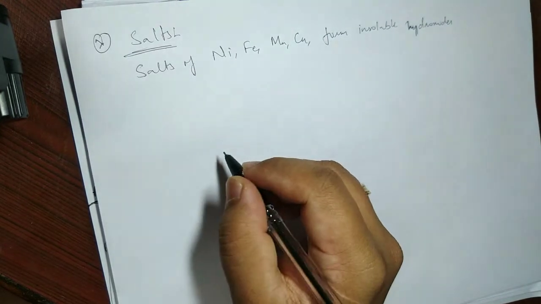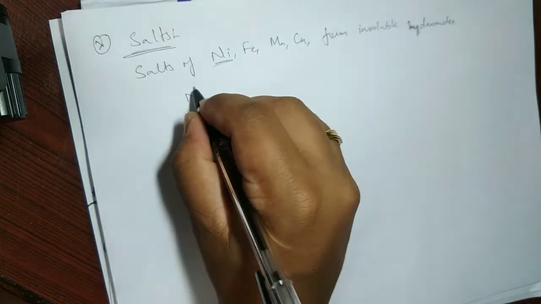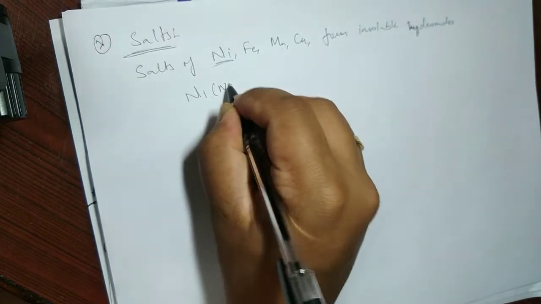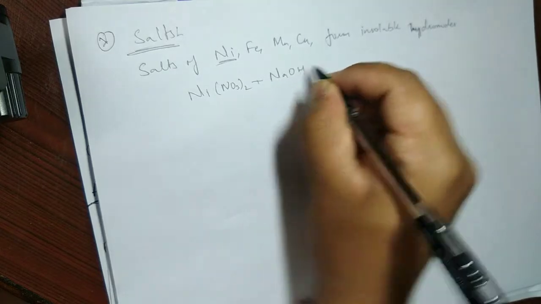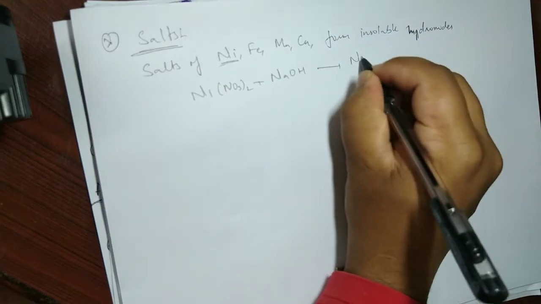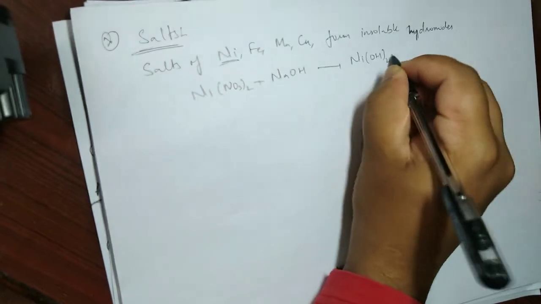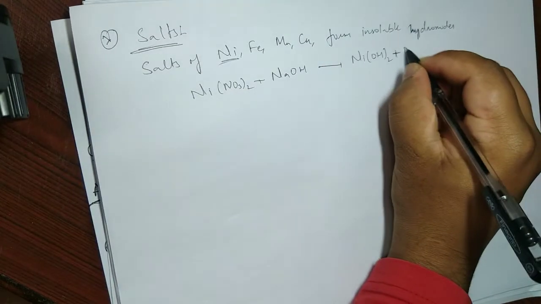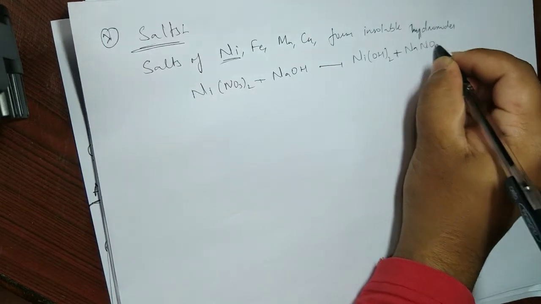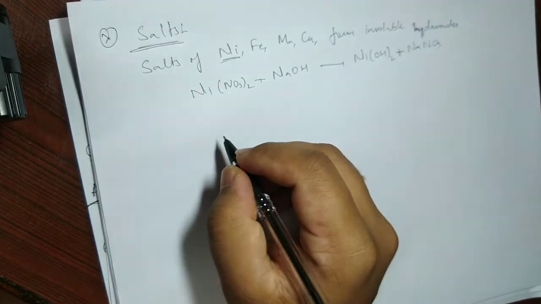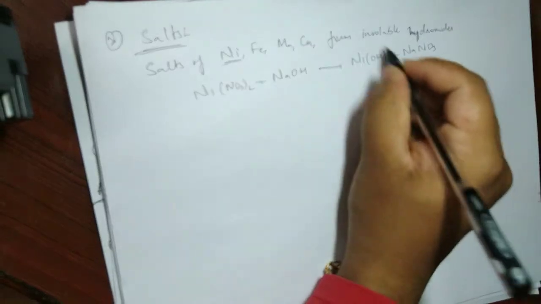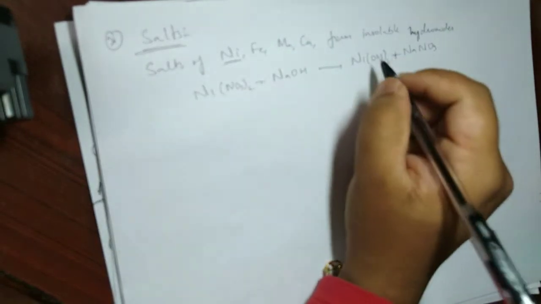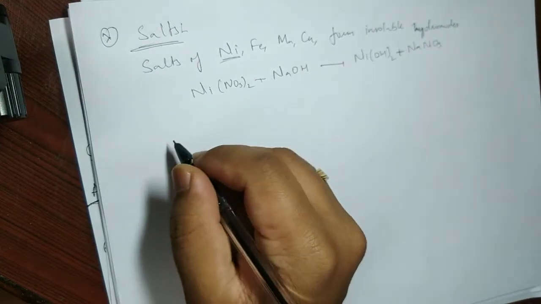Let me take for example nickel, Ni(NO3)2. On treating with NaOH, it forms nickel hydroxide. Of course, they also form sodium nitrate, which is the salt. So this hydroxide, nickel hydroxide, generally precipitates out.